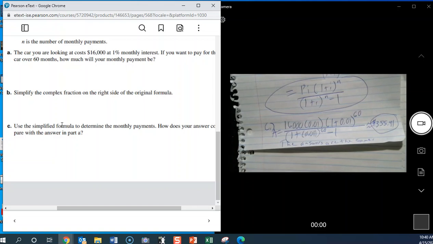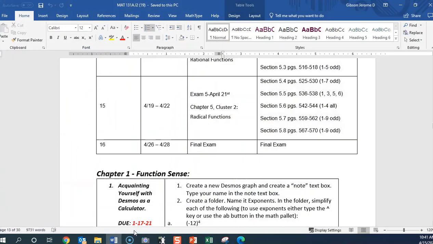Okay, and we just finished up section 5.6. Now we're going to move on to section 5.7. So let's see what page that's on. Section 5.7 is actually on pages 559 to 562.